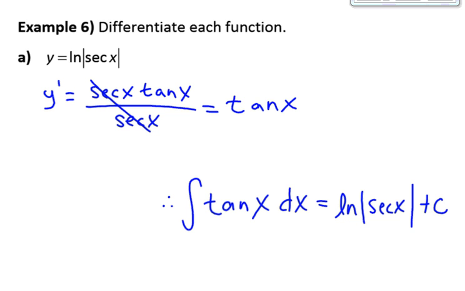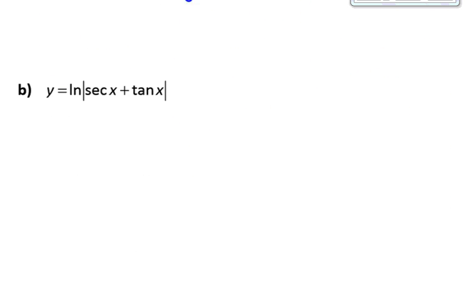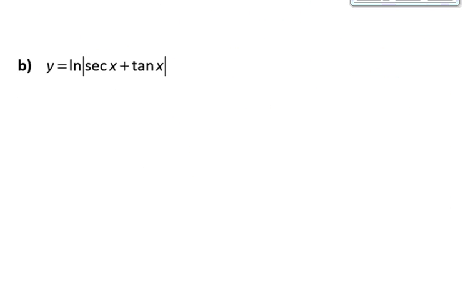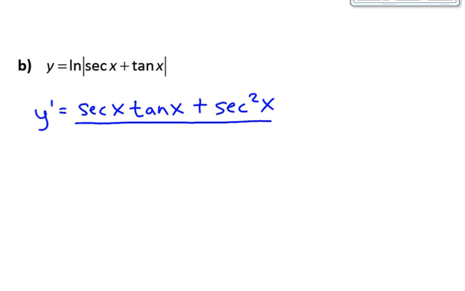Okay? Alright, so for another one, we'll try secant x plus tangent x inside natural log. So y prime would be u prime over u. U prime would be the derivative of secant, which is secant tangent, plus the derivative of tangent, which is secant squared, all divided by what's inside, secant x plus tangent x.